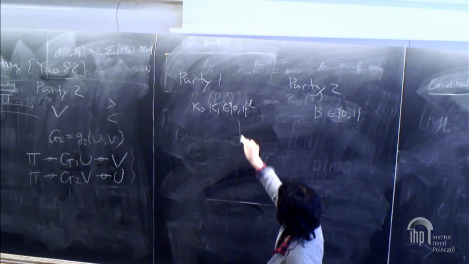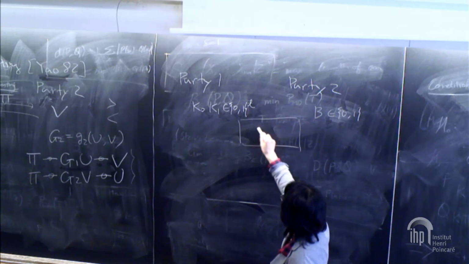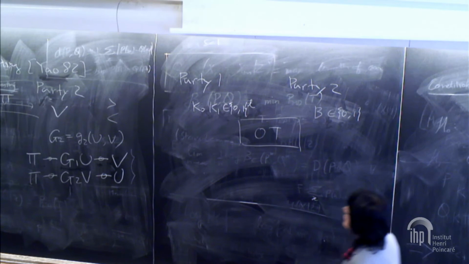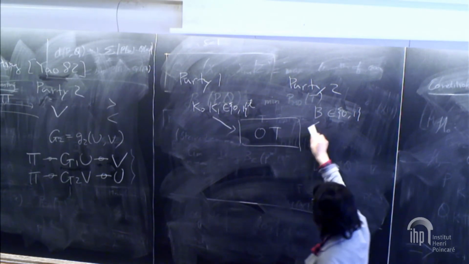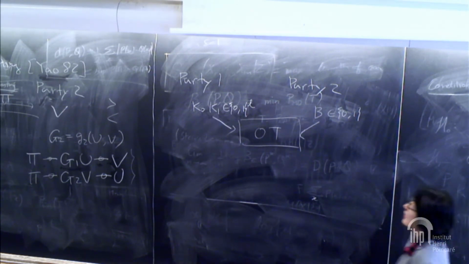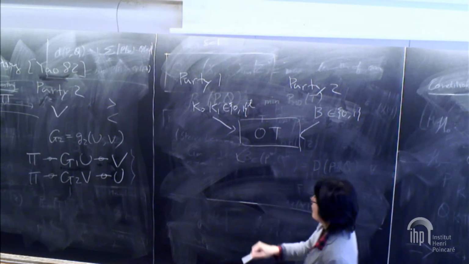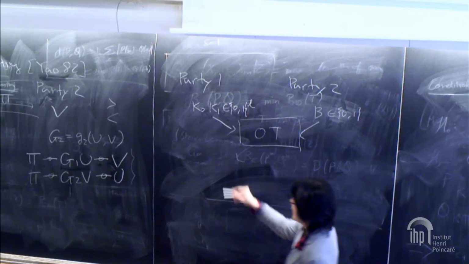So we have a black box oblivious transfer, and they input these observations. And the output of the first party is nothing.